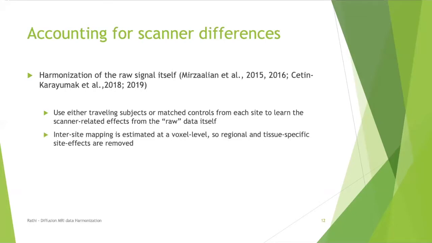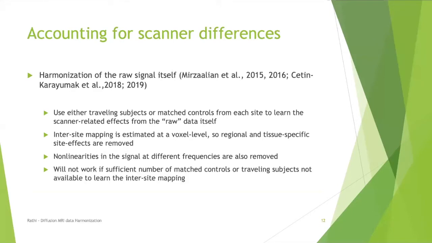And this is voxel specific, so regional and tissue-specific effects are also captured. And it looks at non-linearities in different frequencies, so it accounts for all of those as well. There is one particular requirement for this method: it requires a matched set of controls or traveling subjects to learn this intersite mapping.